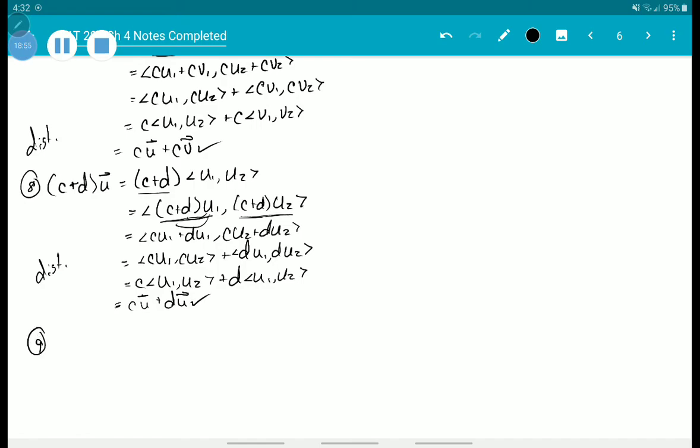Next is the associative property for scalars. Let's go through and verify it. u is u1, u2. So we have du1, du2.